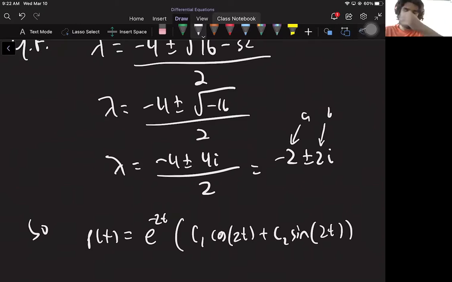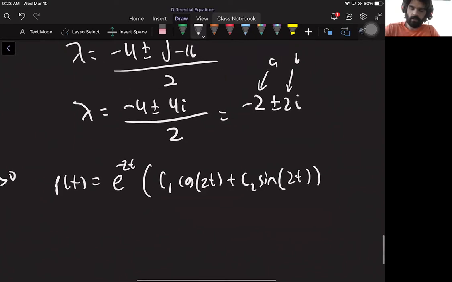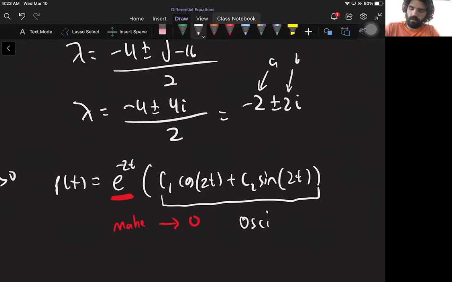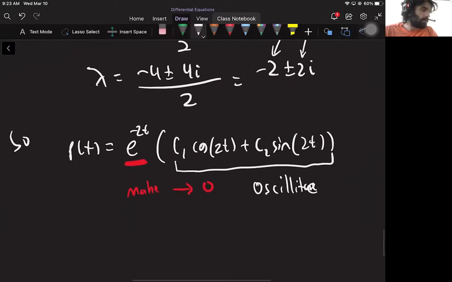And this is a more interesting position function because this term will eventually make it decay to 0, make the position go towards 0, towards equilibrium. But this other stuff is saying that while it's going to 0, it'll oscillate. Whoops, oscillate. I don't know how to spell. Close enough. Okay, but we still got to do the initial conditions to find C1 and C2.